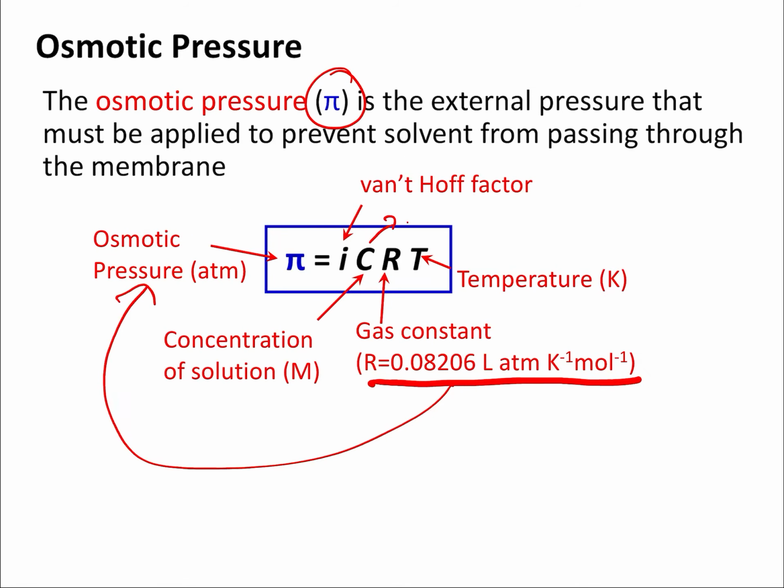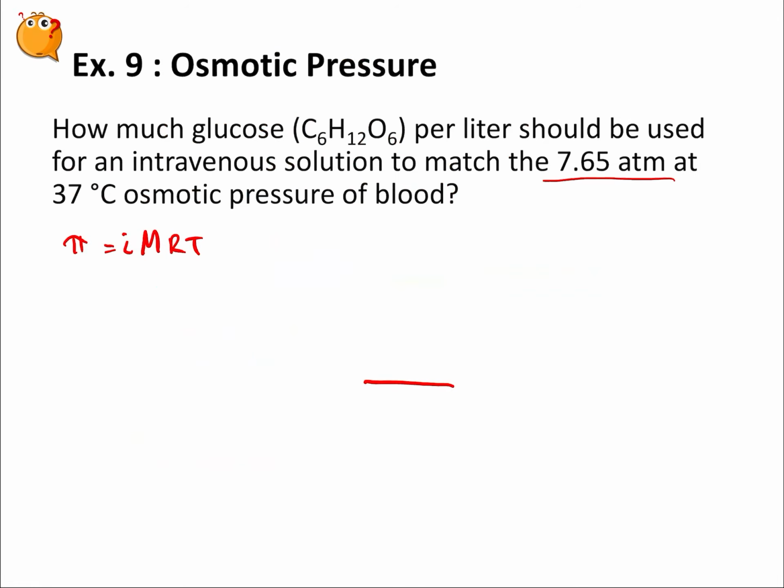C is concentration in molarity. First of all, we want to look at i. Our solute here is glucose. Glucose is an organic molecule, covalently bound, doesn't dissociate in water, so i is equal to 1. The molarity, or the concentration, is what we don't know. We want to know how much glucose per liter should be used, and we can solve that in moles.